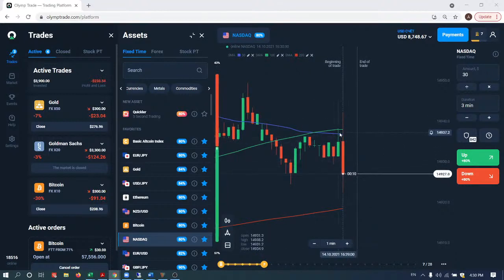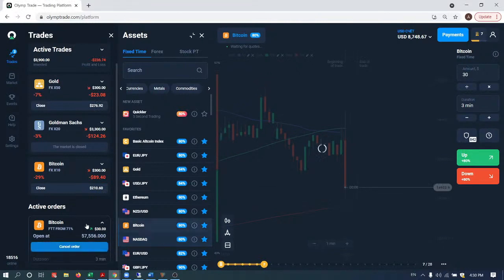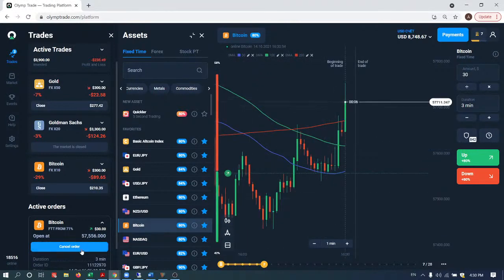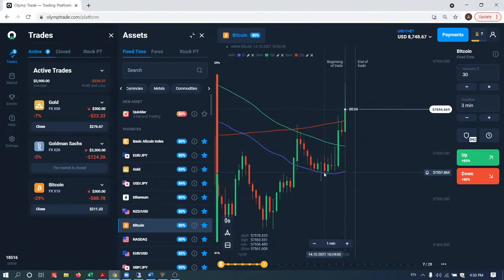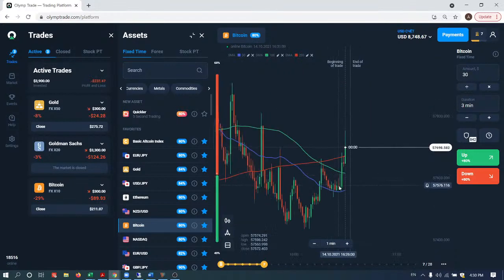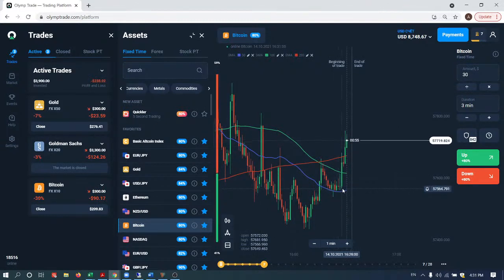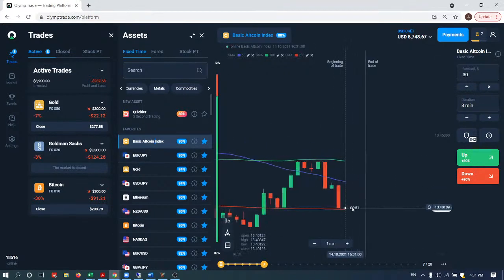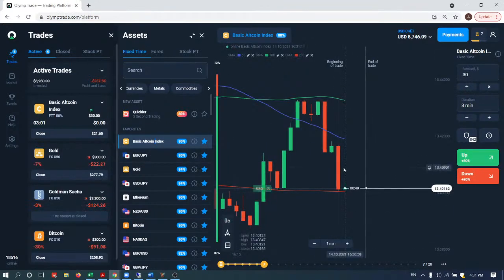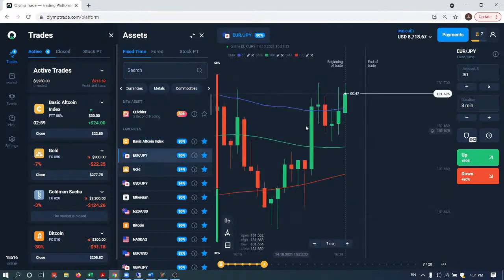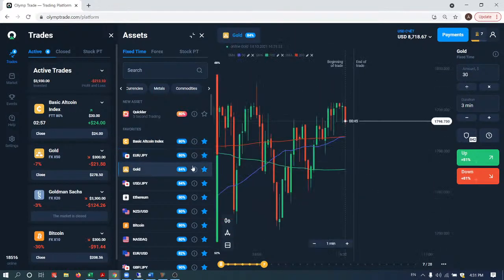All right, so my trade here would have actually been a, oh wow, yes. So my guess on Bitcoin was right, my prediction was right, but unfortunately the price just didn't drop to the level where my pending order was placed, so it didn't get triggered. All right, let's open a few more trades with this strategy.